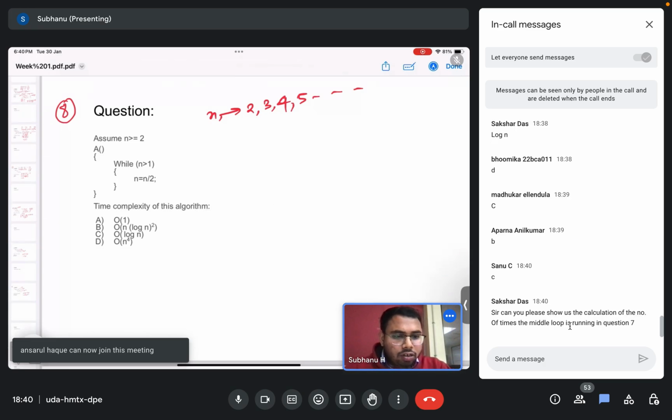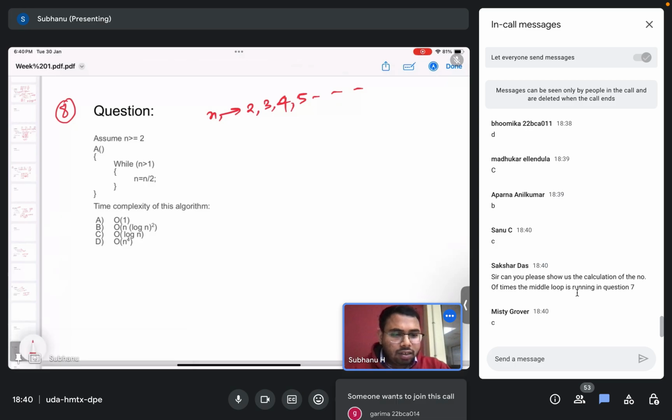Show us the calculation of the number of times the middle loop is running.